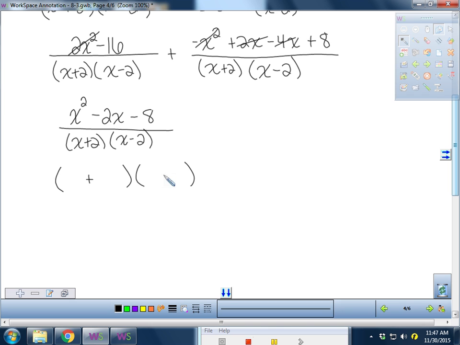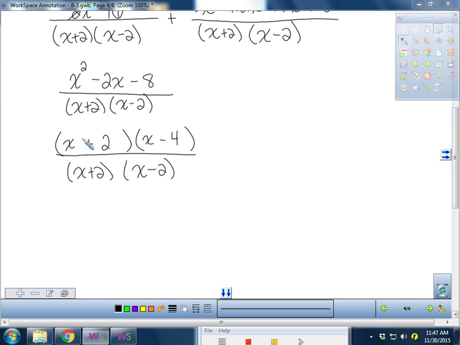Plus and a minus, x and x. And the two numbers that will multiply to make 8 and subtract to make 2 are 4 and 2. Since there's a minus in front, the 4 will go with the minus, and the 2 will go with the plus. And if you'll kind of notice, this is exactly what you did in the previous section. So we notice that we have common factor, x plus 2.